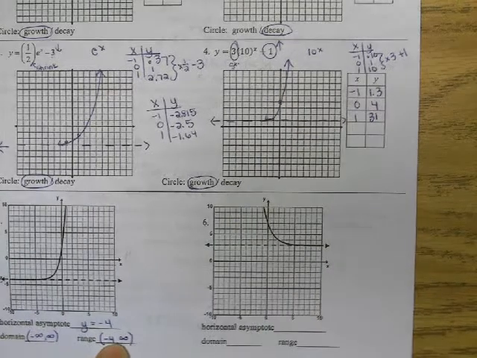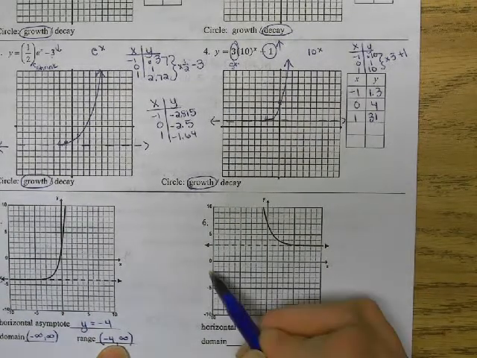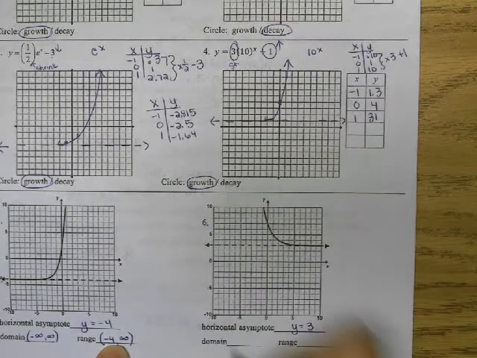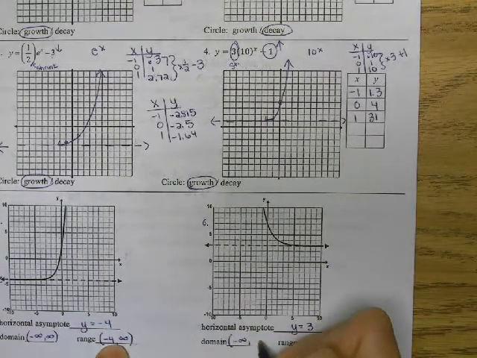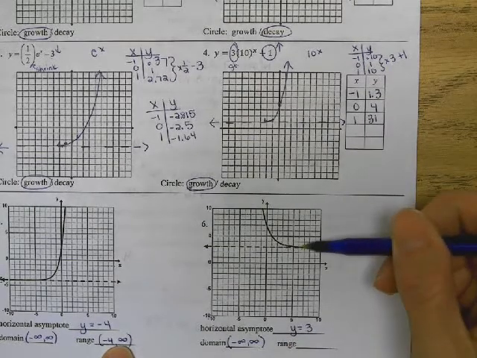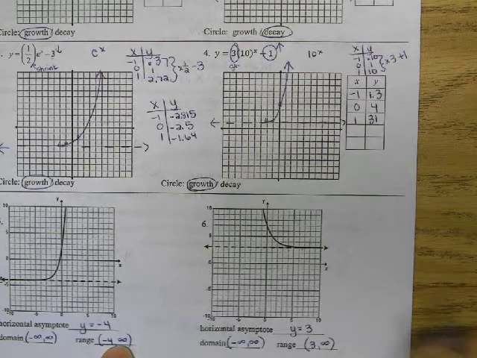All right, on number 6, again, you're given the graph and you're asked to identify domain, range, and horizontal asymptote. So my horizontal asymptote this time is at y equals a positive 3. Domain is negative infinity to infinity. This time range is going to go from my asymptote up, so 3 to infinity.